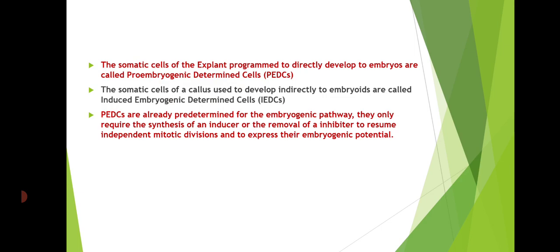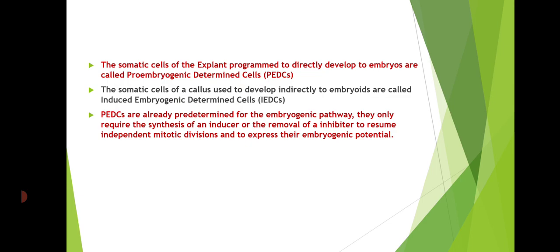It may be asked as a one mark question: the somatic cells of an explant programmed to directly develop into embryos are called pro-embryogenic determinant cells, and these are utilized in direct embryogenesis. Then the somatic cells of callus that develop indirectly into embryoids are called induced embryogenic determinant cells.